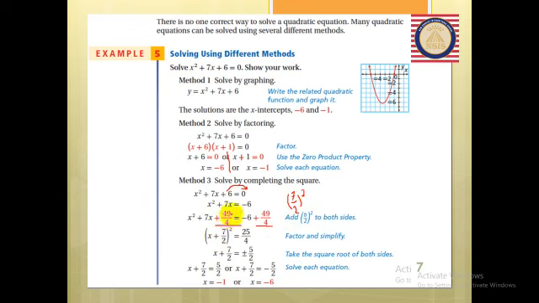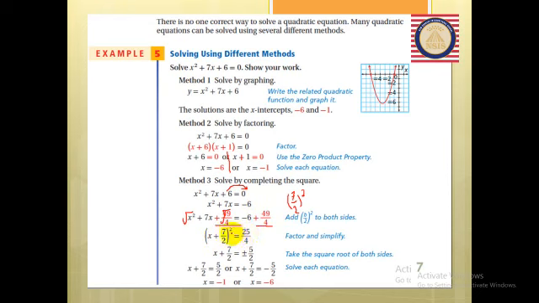Then after I added, this became what? A perfect square trinomial. Get the square root of the first and the square root of the last term. X plus 7 over 2 all power 2. And here I'm going to add them using the calculator. Negative 6 plus 49 over 4, so I will have 25 over 4.